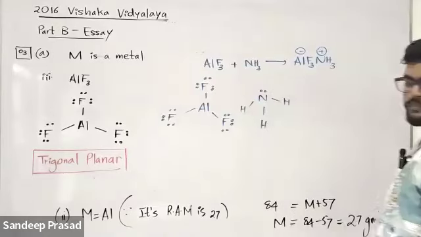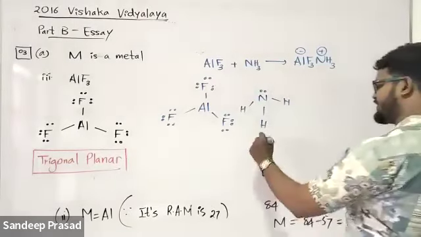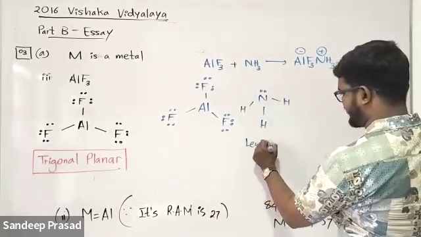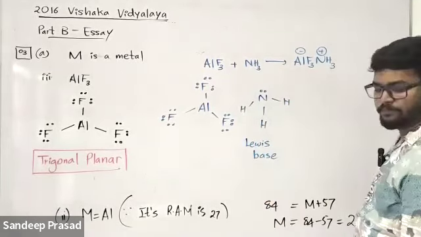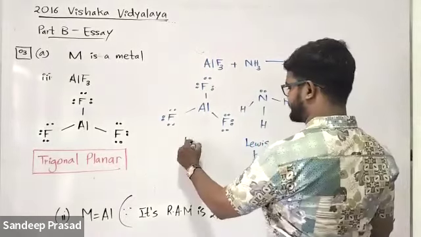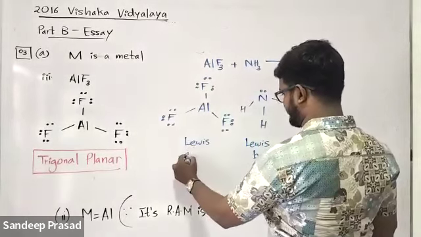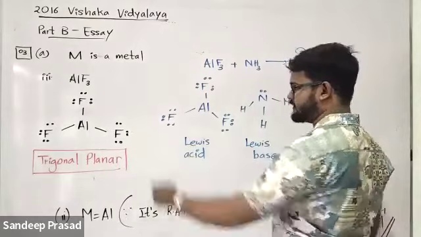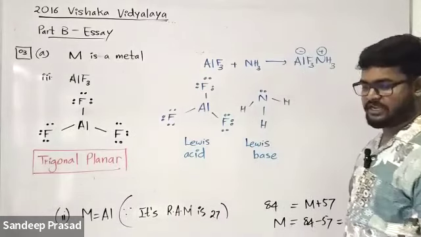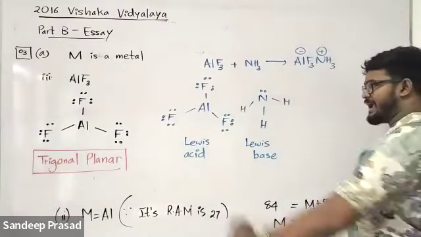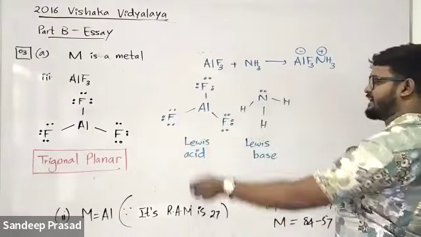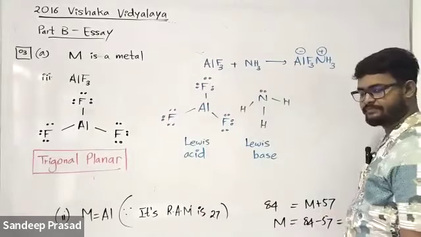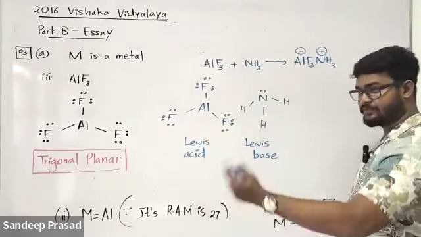Right? We know that ammonia is a Lewis base. What does Lewis base mean? Lewis base means the one who can give a lone pair to a Lewis acid. What does Lewis acid mean? A Lewis acid is a compound like aluminium trifluoride, an electron deficient compound, so it can gain electrons from others. Lewis bases can give electrons to others. Lewis acids can gain electrons from others.